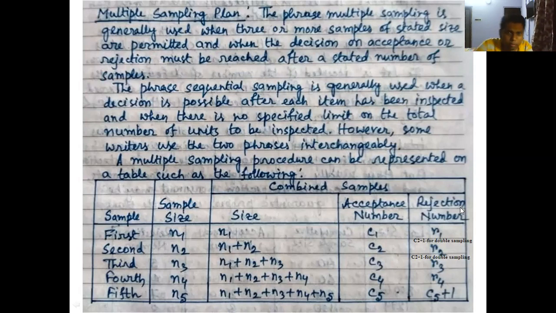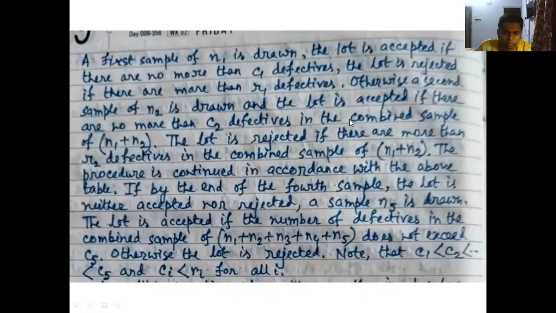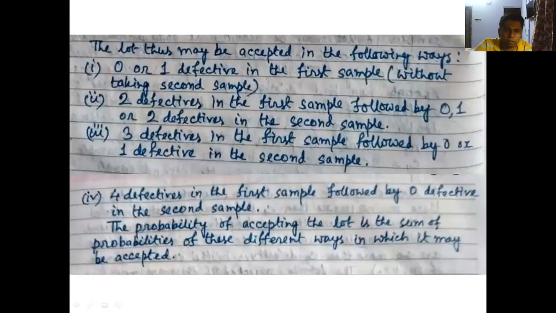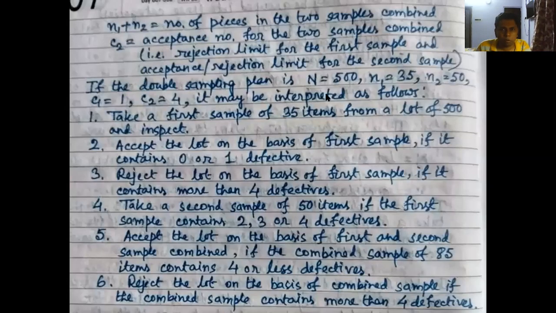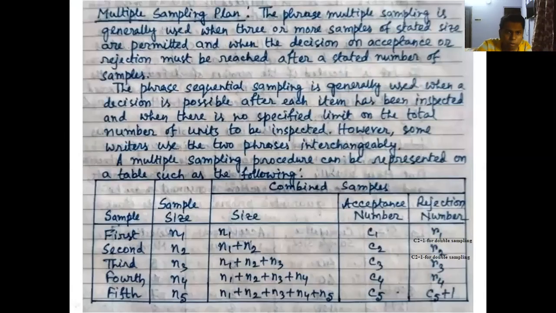In the earlier case, there was only capital N, small n1, n2, c1 and c2. So c1 was the acceptance number, the limit, and c2 played the role of the rejection number.